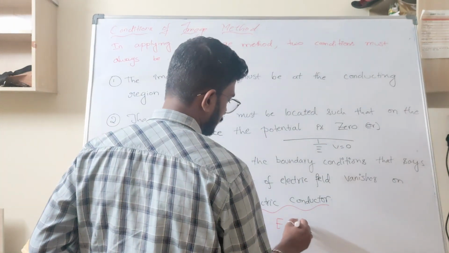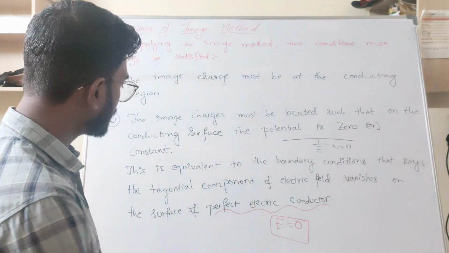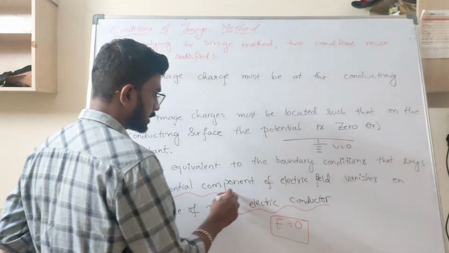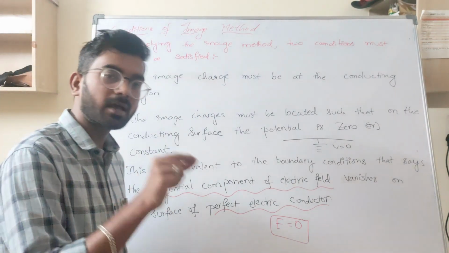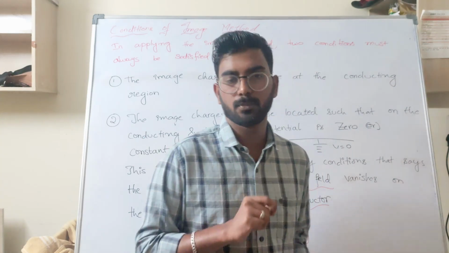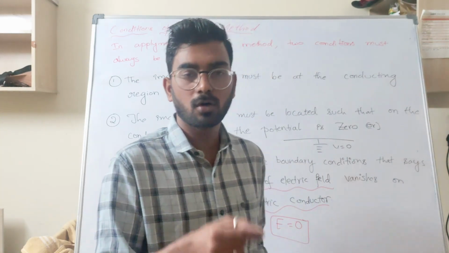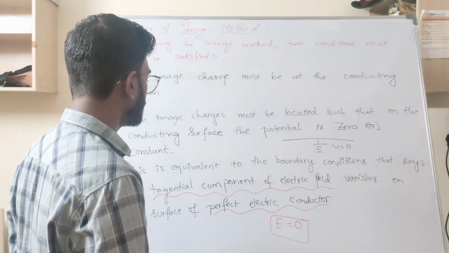There is no electric field. But if you consider the tangential component of the electric field, there is a creation of charges there, due to the parallel component. So in this case you have to consider only the normal component.